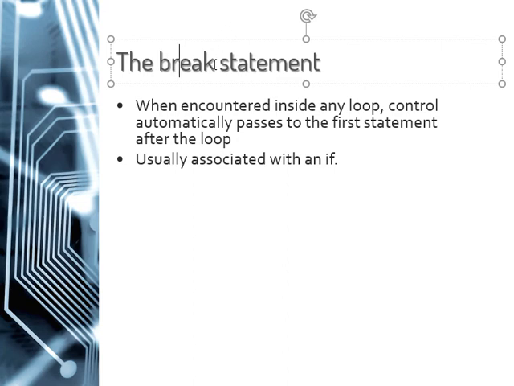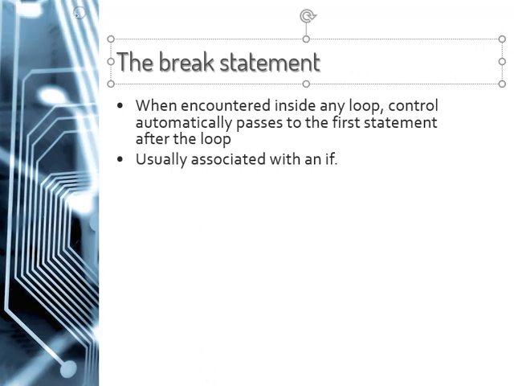If you put a break inside your for loop, it won't be infinite because it will stop as long as this statement runs. So, when a break statement is encountered inside any loop, control automatically passes to the first statement after the loop. It stops the loop right away and skips to the first statement after the for loop.